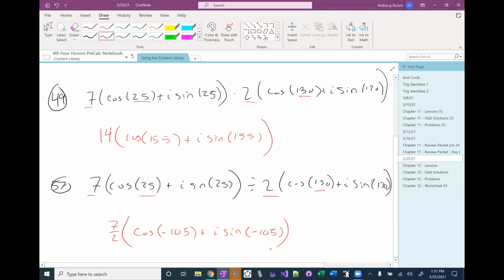Trigonometric form, boom, done. If you want the standard form, you just do 7 over 2 times cosine -105 in your calculator, plus 7 over 2 sine -105 in your calculator, and tack an i on at the end.